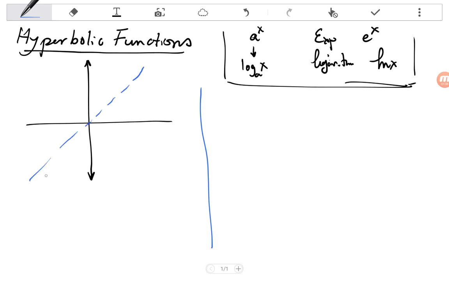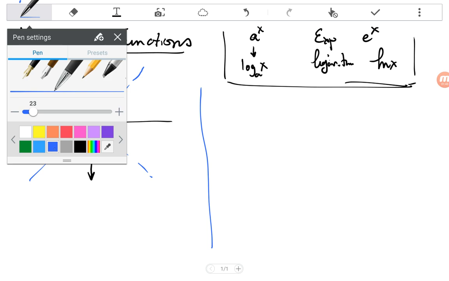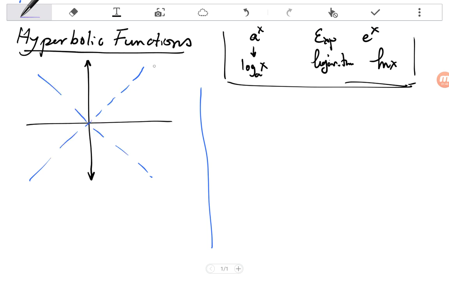It is a curve like that. This purple curve is called a hyperbola. This is one of the known conic sections. We will learn more about it in the analytical geometry section.